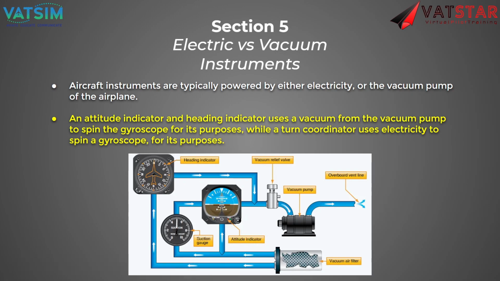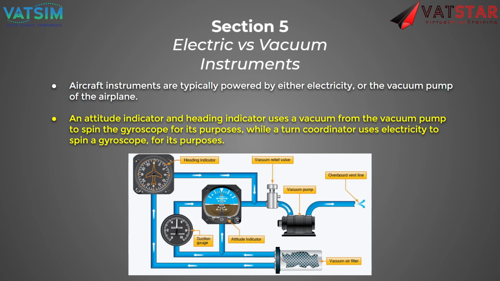So if you tried to apply an outside force on it, it would resist that force because of its rotation. And it maintains its position on an X, Y, and Z axis at all times. So that's the principle of how these instruments work. The vacuum pump creates suction and spins those instruments and creates rigidity in space. Those are the principles on which these instruments operate. So that's what we mean when something's vacuum powered.